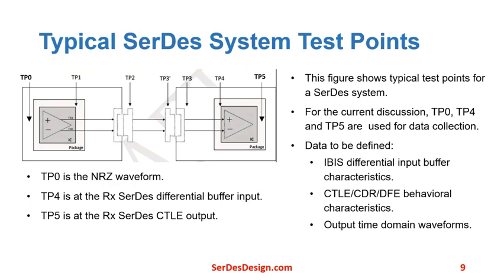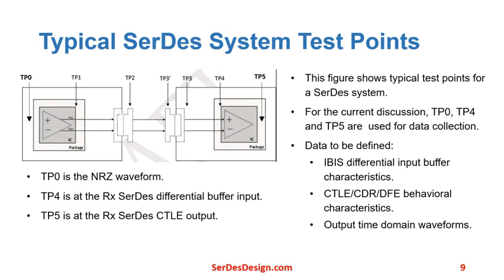To start, let's talk about the typical SerDes system test points. This figure shows typical test points for a SerDes system. For the current discussion, test points TP0, TP4, and TP5 are used for data collection. NRZ data streams are used for modeling, though the Rx IBIS-AMI models may support PAM4 as well. TP0 is for the NRZ waveform.